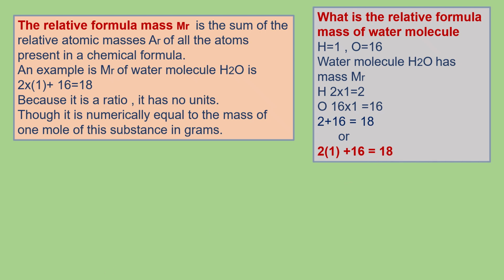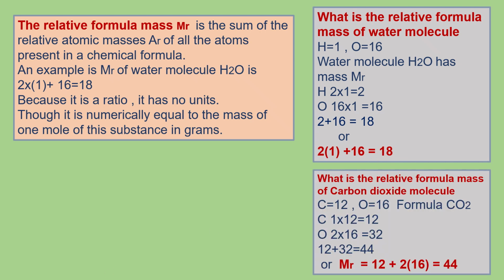Let's take another example. What is the relative formula mass of a carbon dioxide molecule? You are given the relative atomic masses, carbon 12 and oxygen 16. The formula of carbon dioxide is CO2. Therefore, it has 1 carbon atom and 2 oxygen atoms. Find the mass of carbon first.